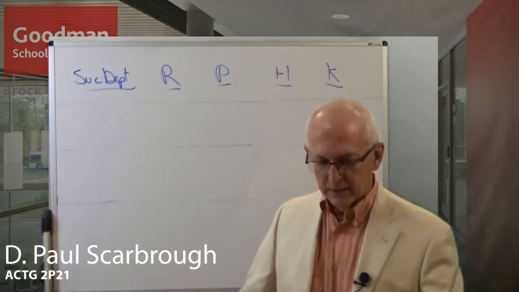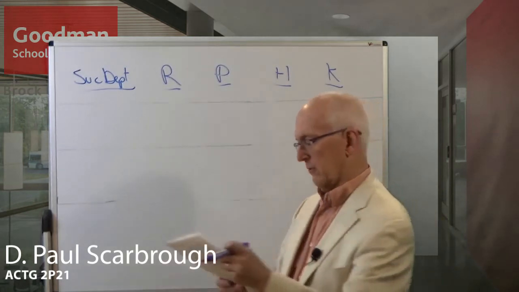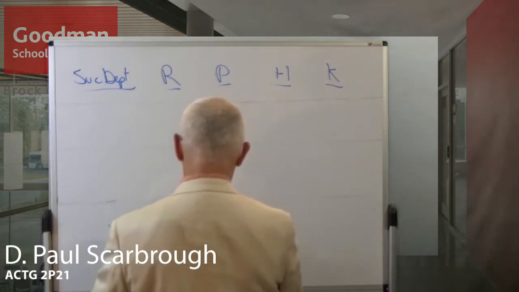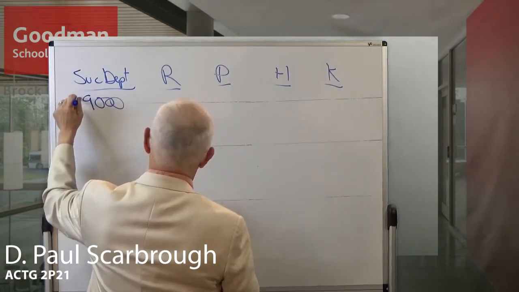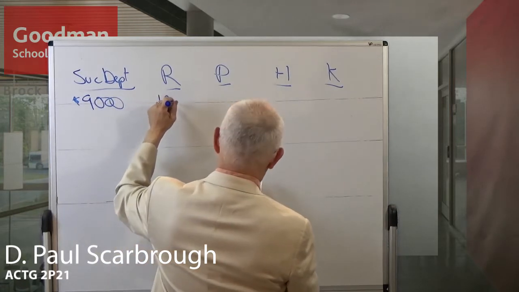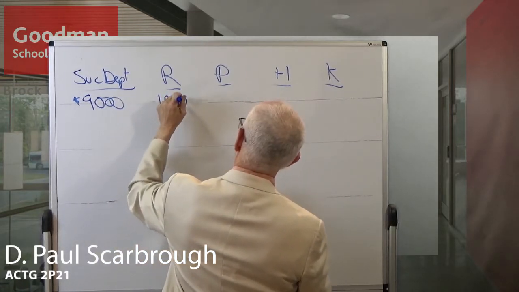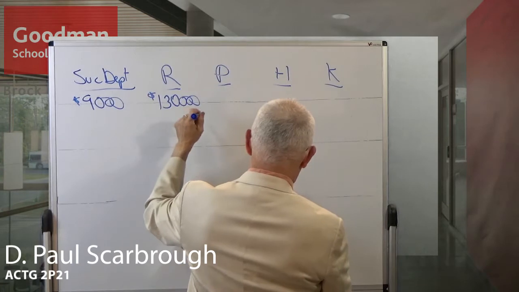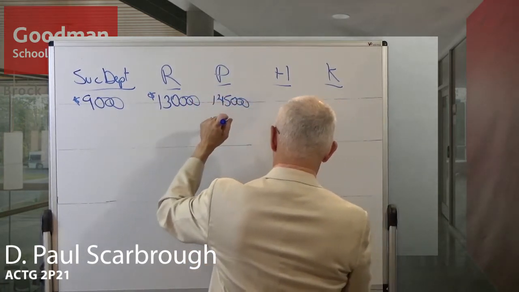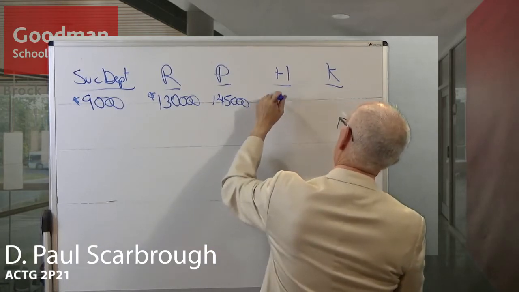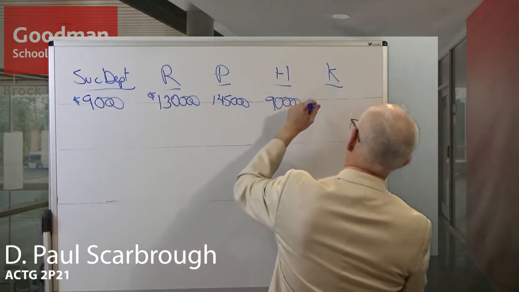So we need to get the costs up here and then do the same sort of difference here. So we have, this was the $9,000, $13,000, or $130,000, 145, 90, and 150.